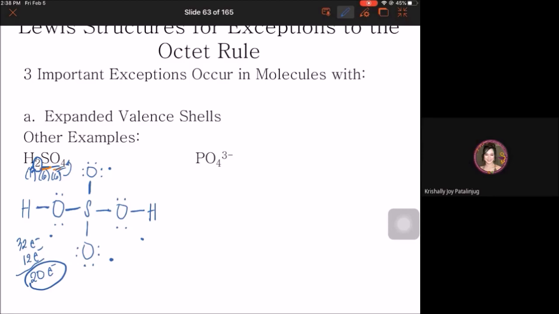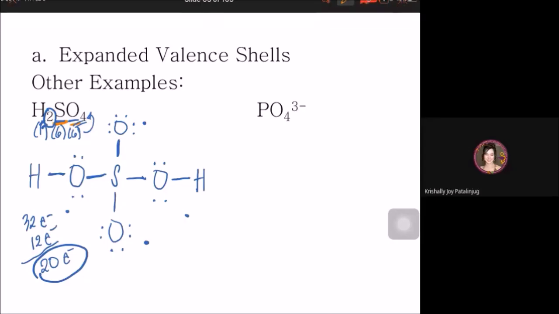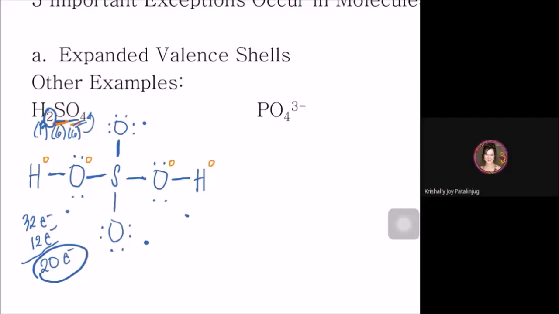Okay? Sige. Try natin i-check yung formal charges nila. Okay. So, for hydrogen, okay na, 0. Yung oxygen dito, most probably 0 kasi meron silang dalawang bonds. Okay? What about these oxygen sa outside? Positive 1 ba?